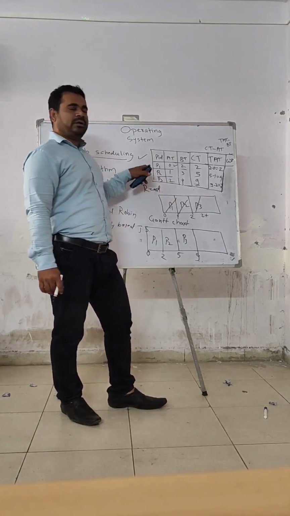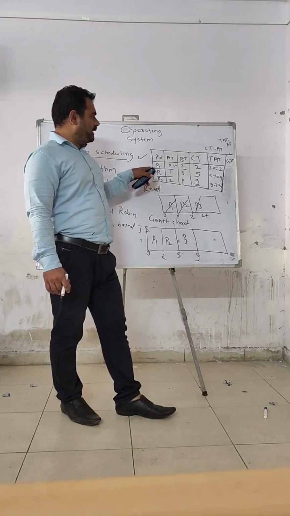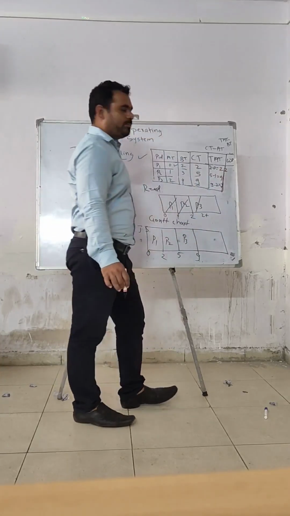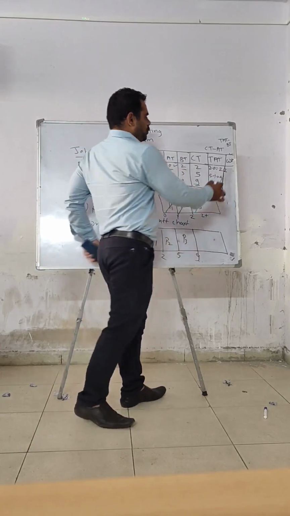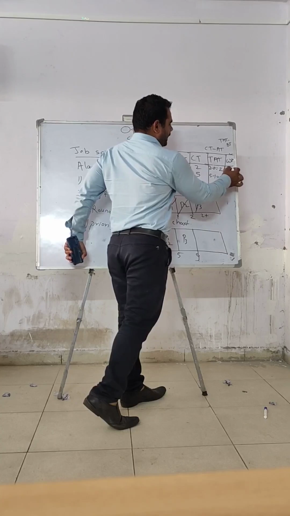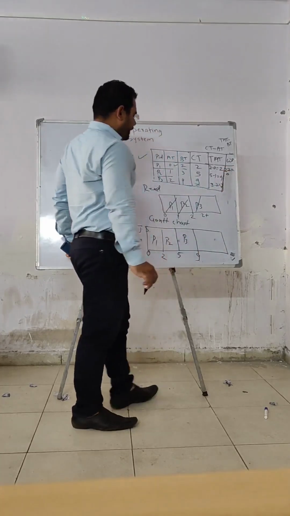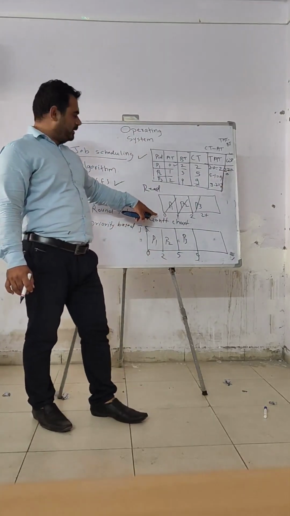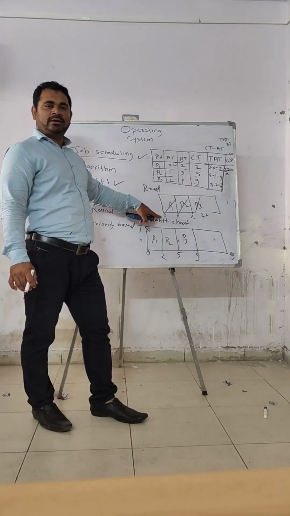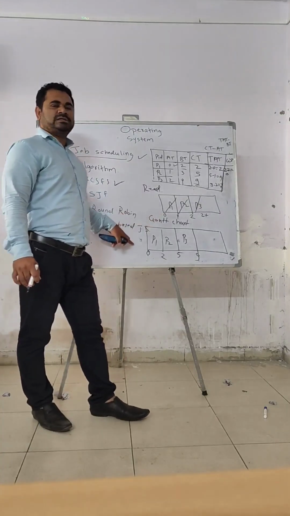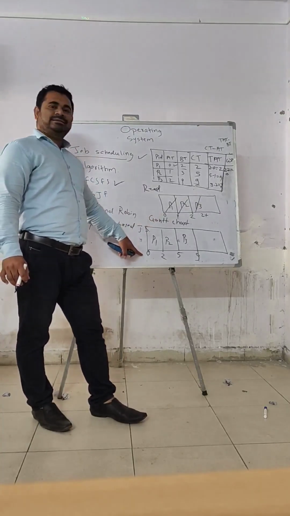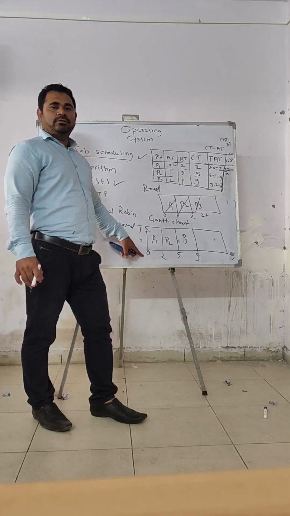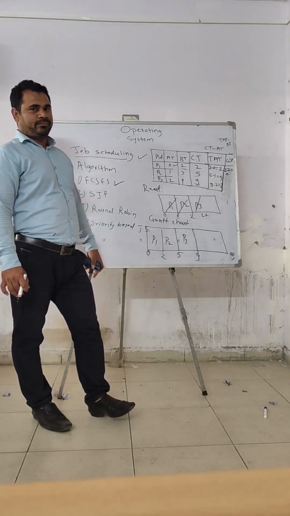We take the turnaround time of P1, that is 2, and burst time of P1, that is also 2. 2 minus 2 will be 0. It means that process P1 comes into the ready queue at 0 milliseconds and it gets the CPU at 0 milliseconds.